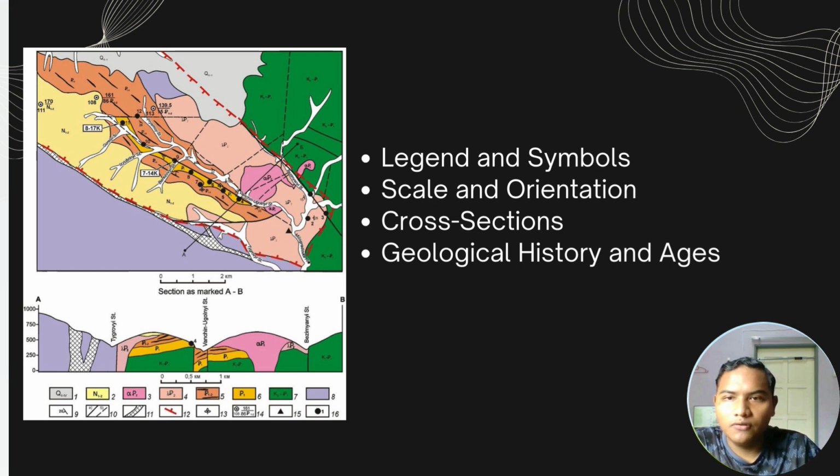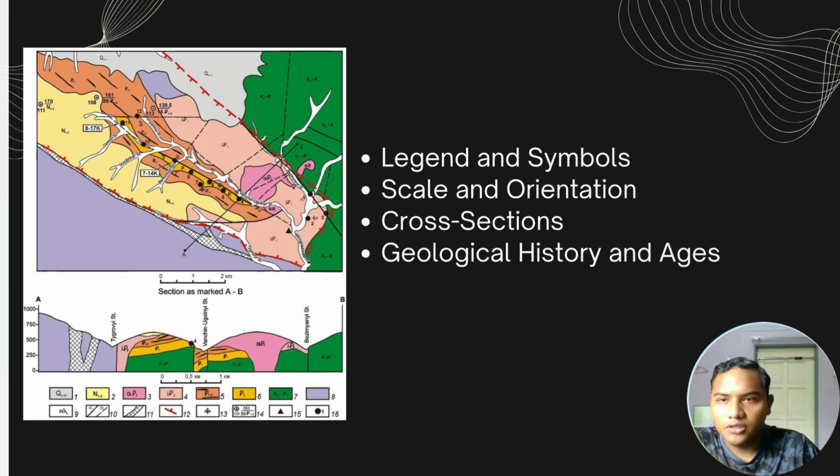This includes symbols for different rock types, structural features, and other relevant geological information. For scale and orientation, like any map, a geological map includes a scale representing the relationship between distance on the map and actual distance on the Earth's surface. Additionally, it indicates the orientation of the map, typically aligned with cardinal directions.